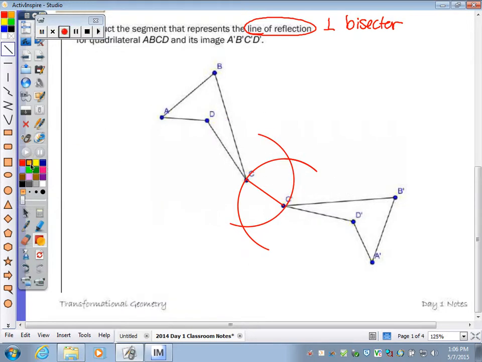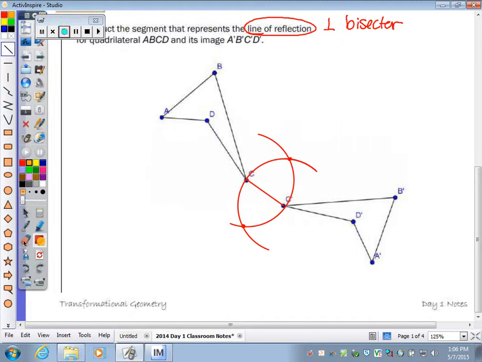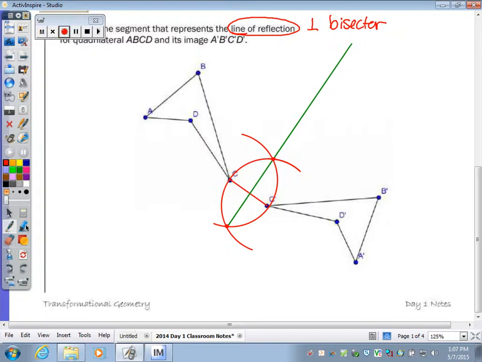And then through these 2 points of intersection, I'm going to take my line tool again and draw the line segment. It just said to draw the segment, so I don't need the arrows. But in talking about the line of reflection, I am going to extend it and put the arrows on it. So again, I just want to highlight that this is the perpendicular bisector.